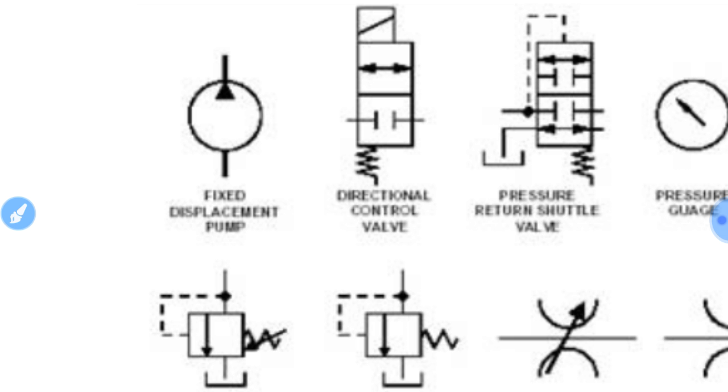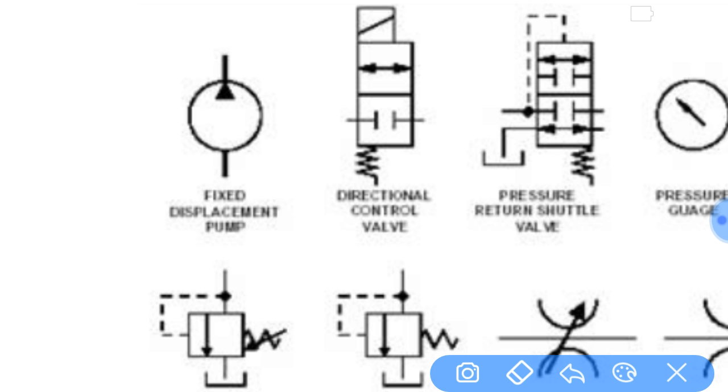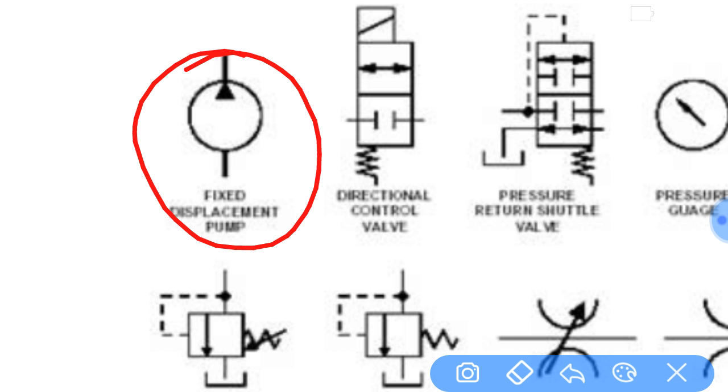This is the symbol of a fixed displacement pump. Why is this symbol like this? In any hydraulic symbol, there will be connections. This is one connection, this is another connection.